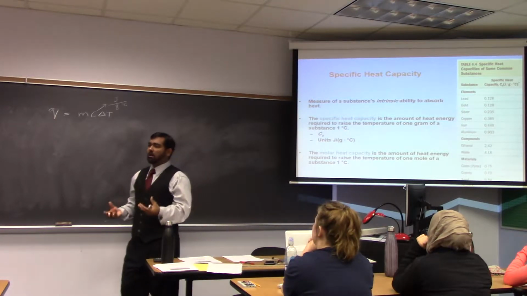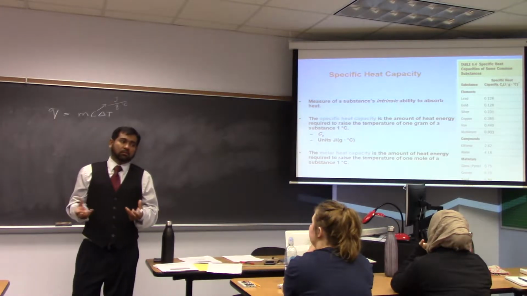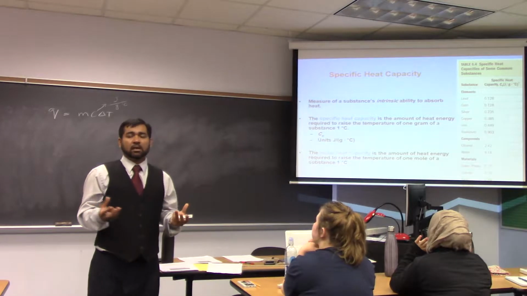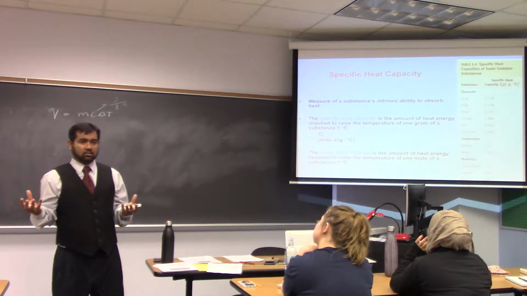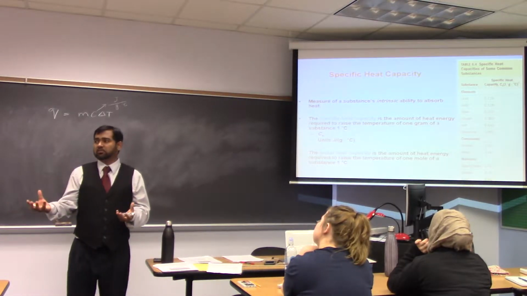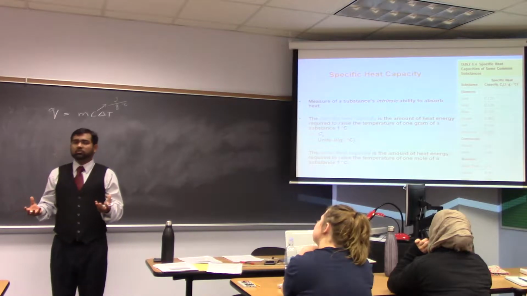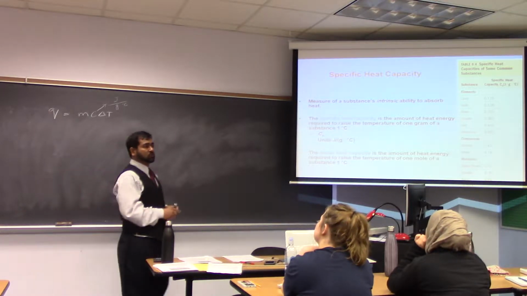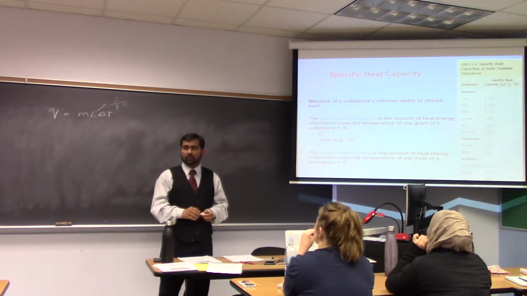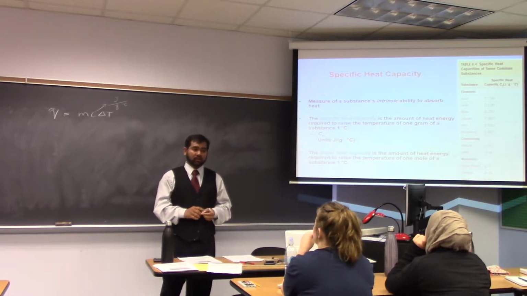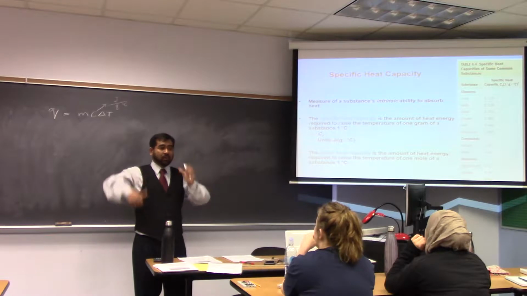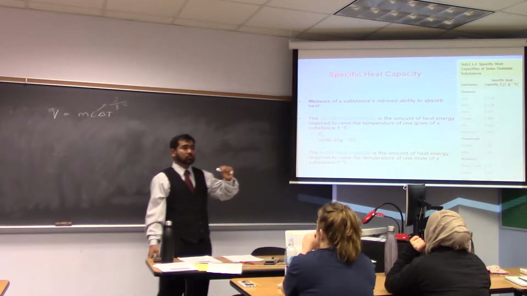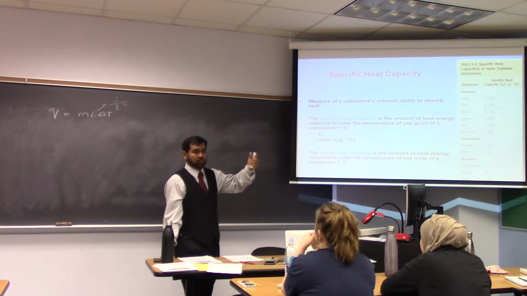If a compound gets hot quickly, for instance, if you have a piece of iron and you have water, which one will be heated up quickly? Iron will be heated very quickly. Its temperature will rise a few hundred degrees very quickly. But water takes a few minutes to raise its temperature to about 100 to boil, right?